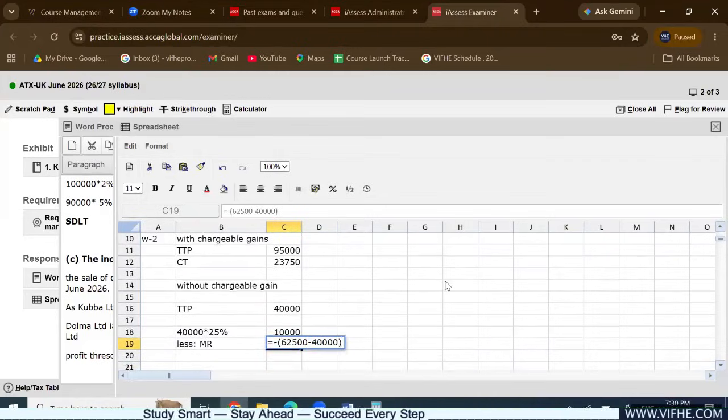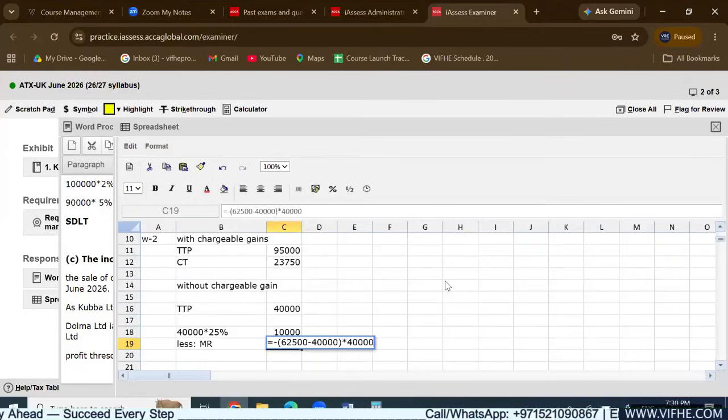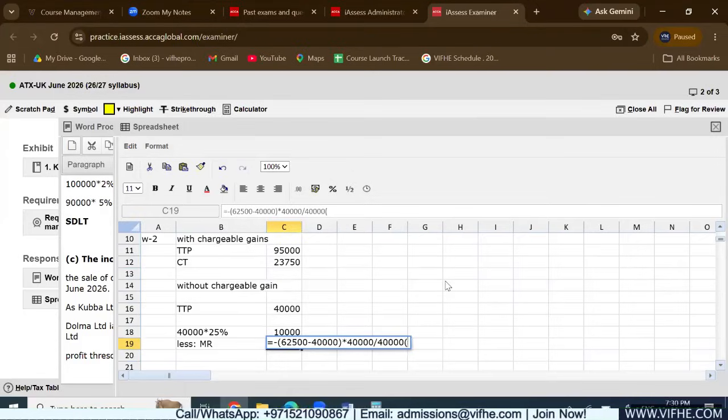In this case, augmented profit and taxable total profits are the same, into taxable total profits, which is 40,000 pounds, over augmented profit, which is the same 40,000 pounds. So you could simply skip this numerator and denominator, into the marginal relief fraction, which is 3 by 200.